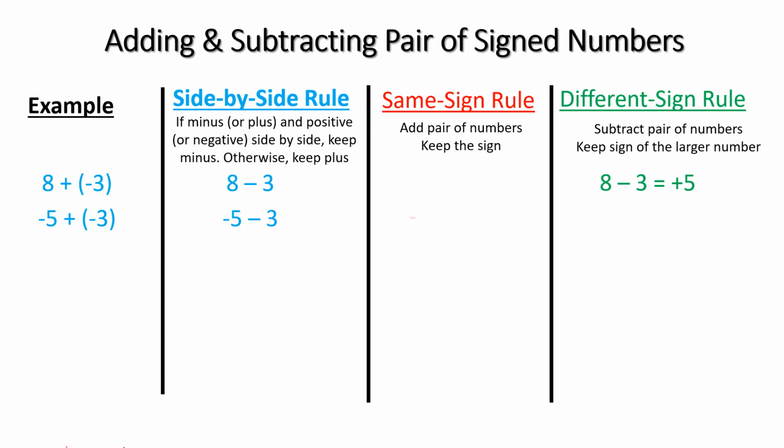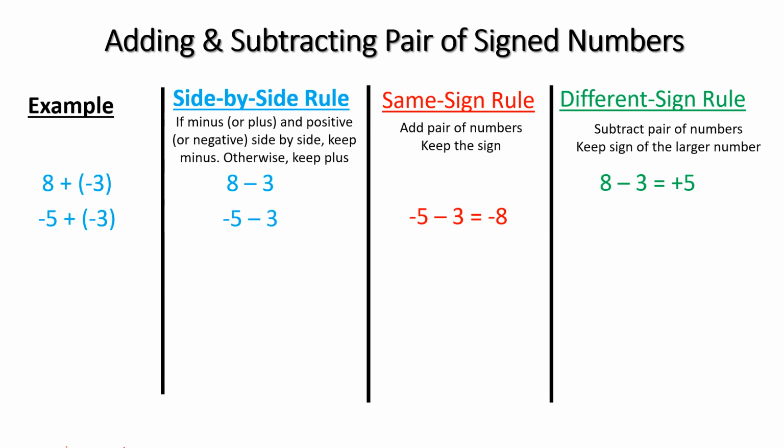That takes us to the third column. Since we now have a minus and a negative sign, these are the same thing, because they are the same sign. Therefore, we add the two numbers and put the sign in front of the result.